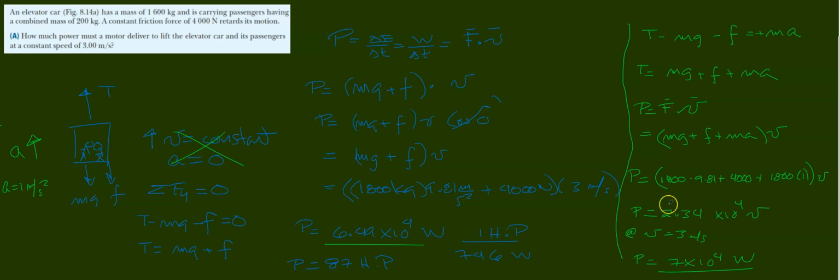And of course, that's because the new motor needs to be more powerful than before, since it not only has to lift but also keep accelerating the elevator. So there you go. That's a little example using the concept of power.